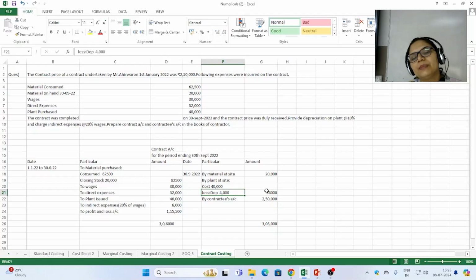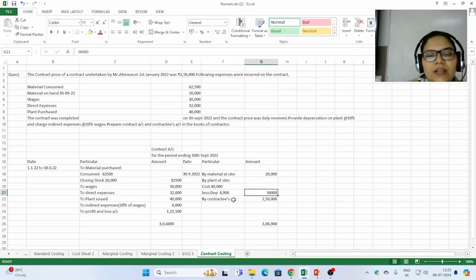So the net plant value is 36,000. The contractee's account value was 2,50,000. Now we will add all these values and get the figure of 3,06,000, and from 3,06,000 we will deduct all these values, and finally we will get the profit.